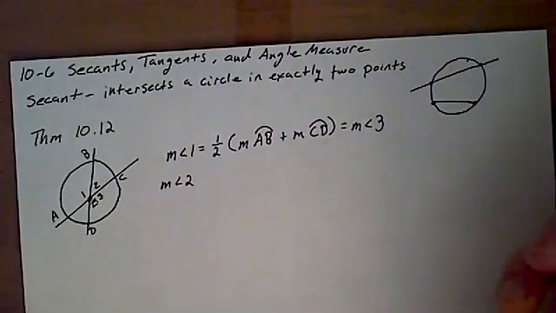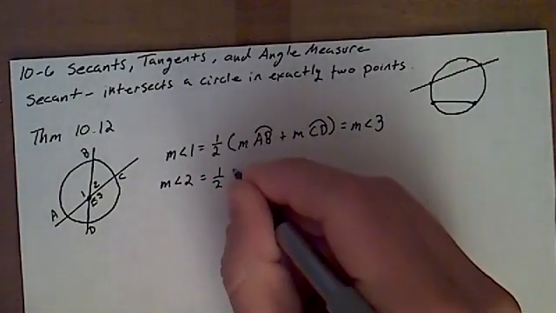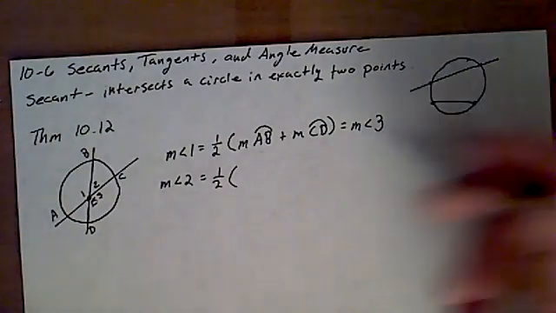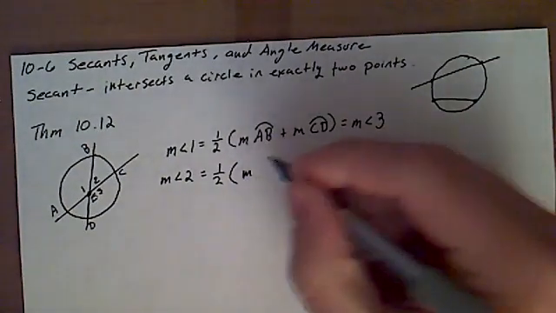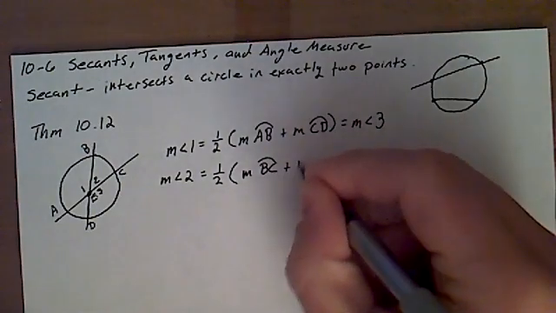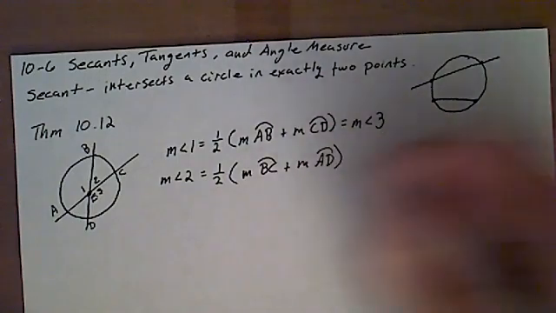The measure of angle 2 is 1/2. And can you figure out what we would do with this one? So if you thought maybe the measure of arc BC and the measure of arc AD, then you'd be correct.